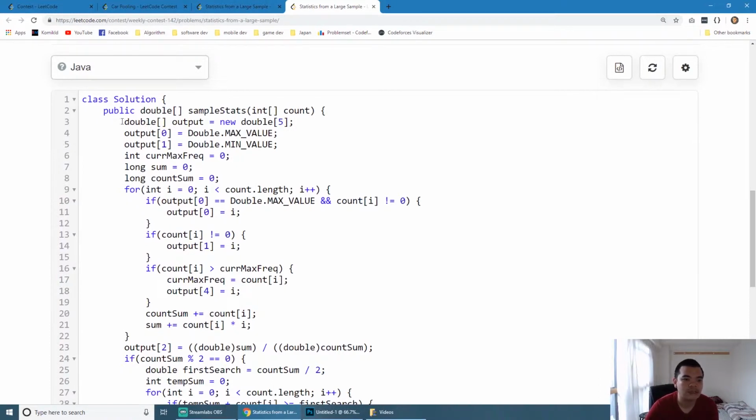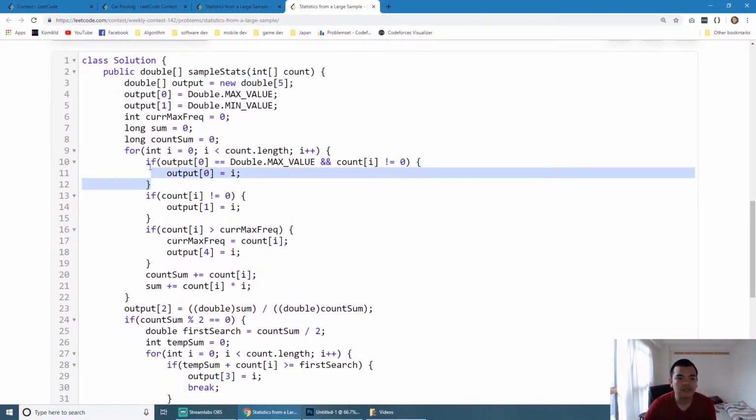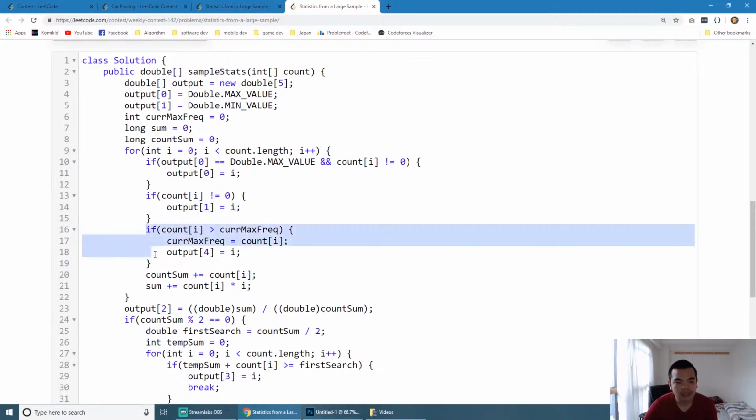They expect our return to be an array of 5 values: minimum, maximum, mean, median, and mode. The first value we meet that is not 0 is our minimum value. The last value we meet that is not 0 is our max value. And here the largest frequency we meet is our mode value.